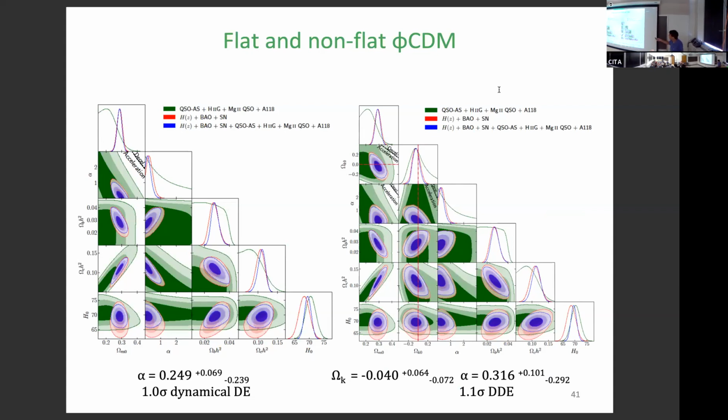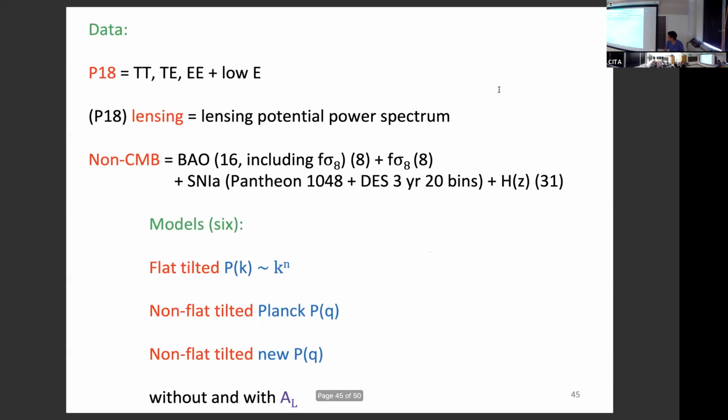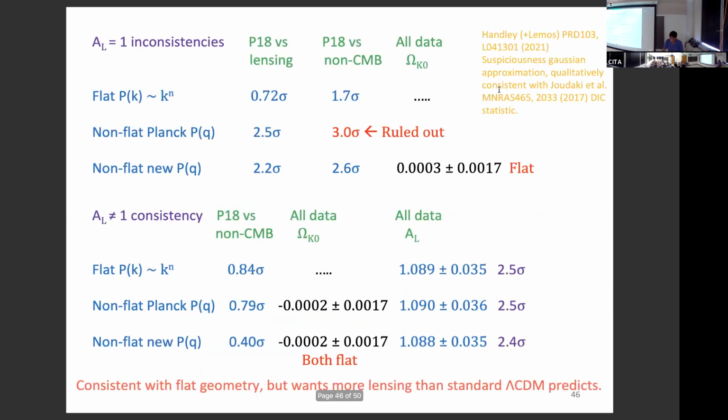When you used that combination of data, it favored the flat geometry. But if you take non-CMB data, drop those emerging probes and include growth factor, it favors a closed geometry, but not at great significance. So what you can conclude from these analyses is pretty messy.